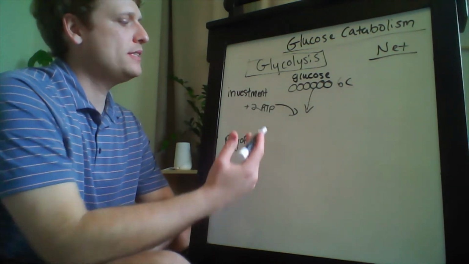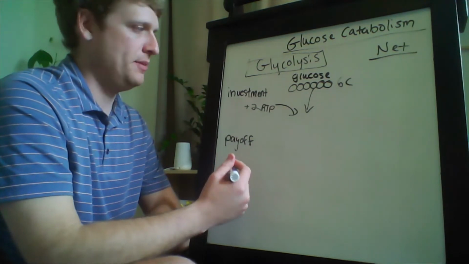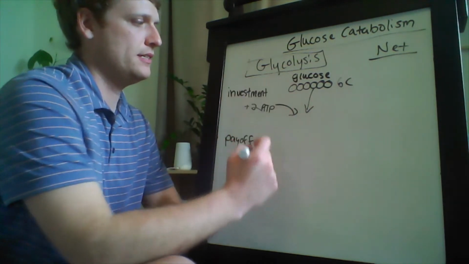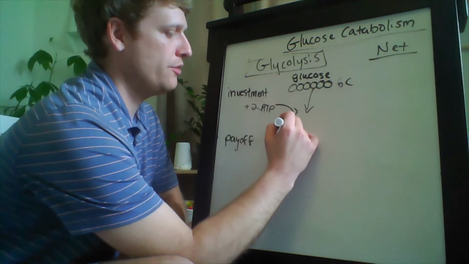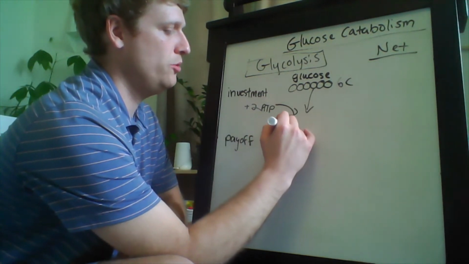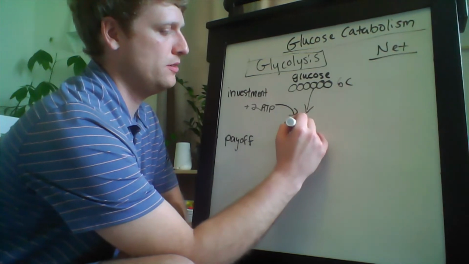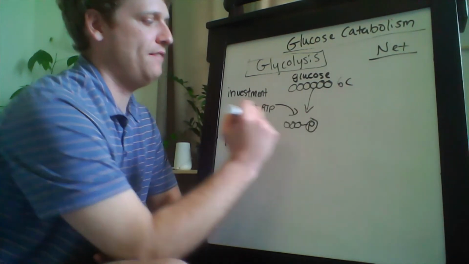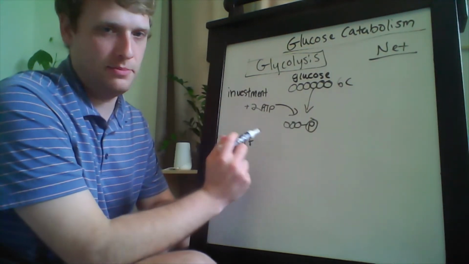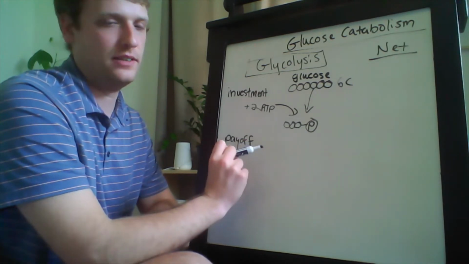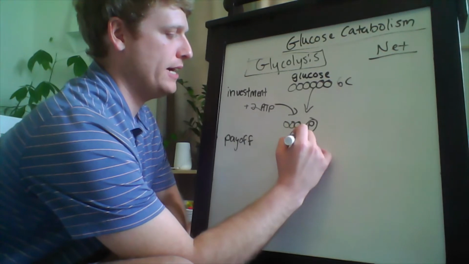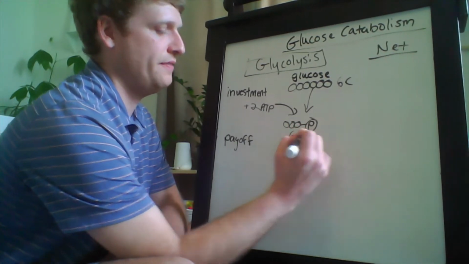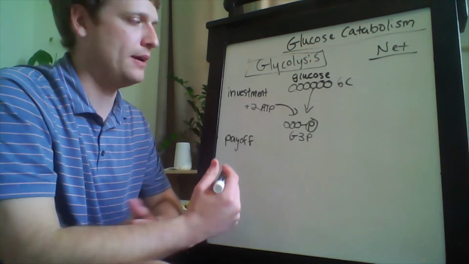And what this reaction is ultimately going to be, the first step in glycolysis, is breaking apart that glucose molecule into 2 3-carbon molecules, each with a phosphate attached. That's why you need the ATP, to add a phosphate. So this is a molecule called glyceraldehyde 3-phosphate, or G3P is how I abbreviate it.